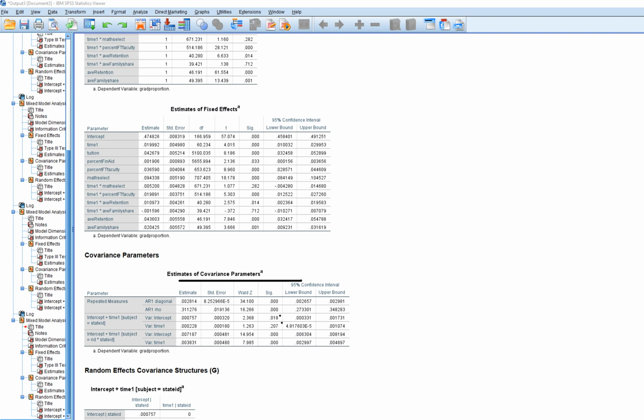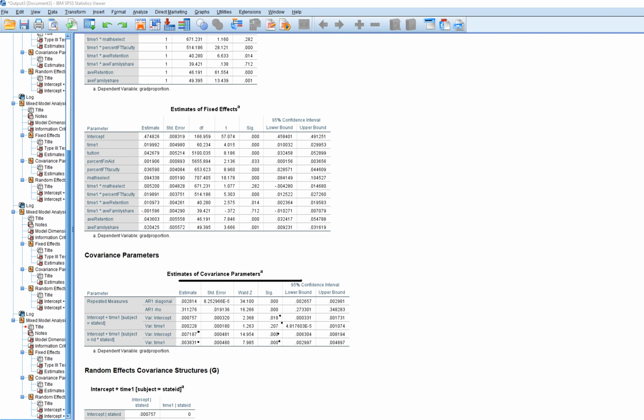But we did find that the variation in time slopes between states is not statistically significant, so we did a pretty good job of identifying a level 3 predictor of the variation in slopes between states. And going back to our previous video, we still see the variance in the institutional intercepts and slopes between institutions. Both of those were still statistically significant.